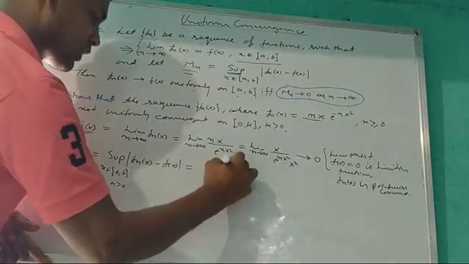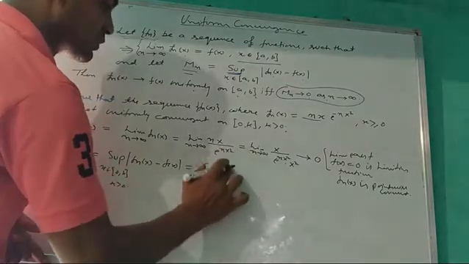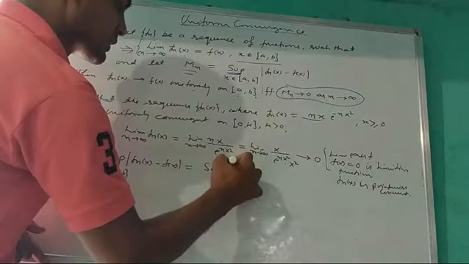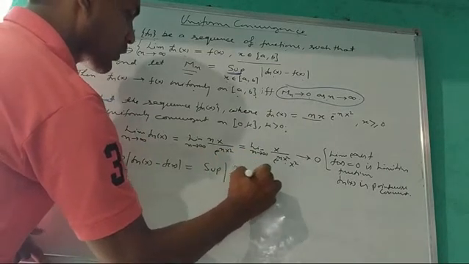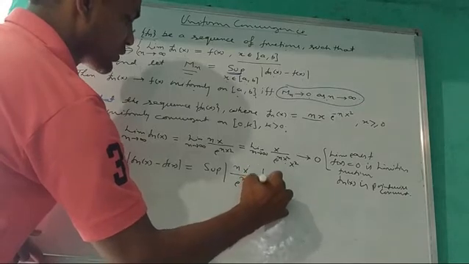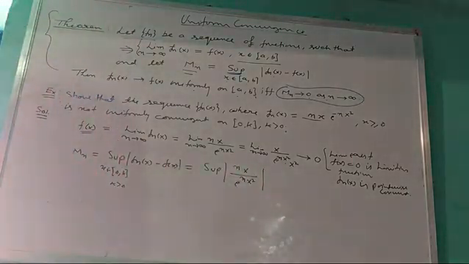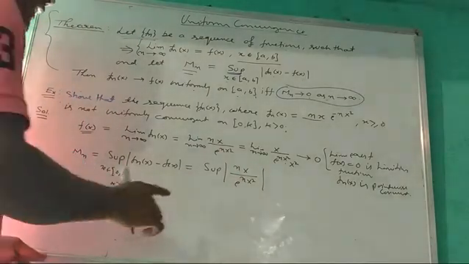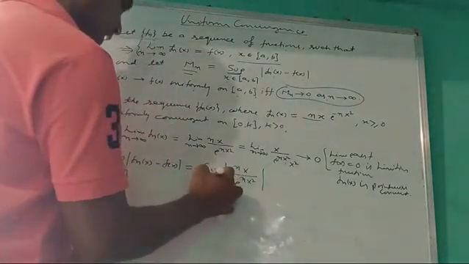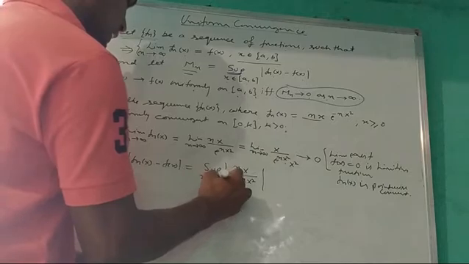So the supremum of this is n x upon e to the power n x square minus 0, then we have this value. Now we need to find the supremum of this function, x belongs to 0 to k.